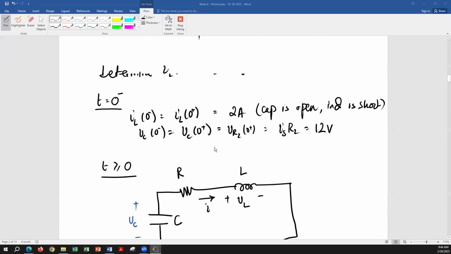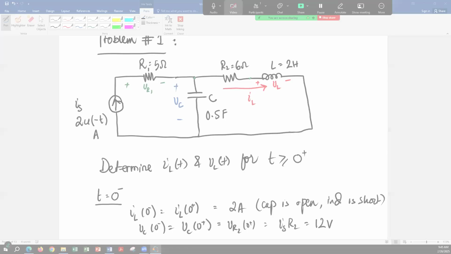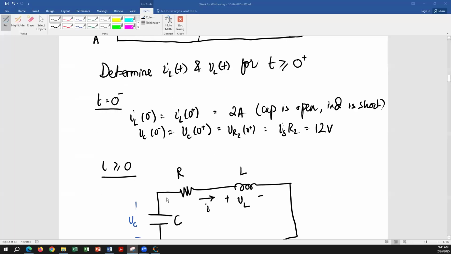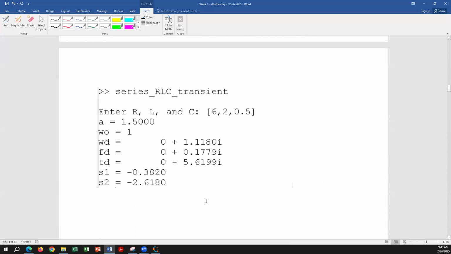What are the values? This is my 6 ohm, and L is 2, and C is 0.5. Let's go ahead and copy this. Okay, so these are the results.